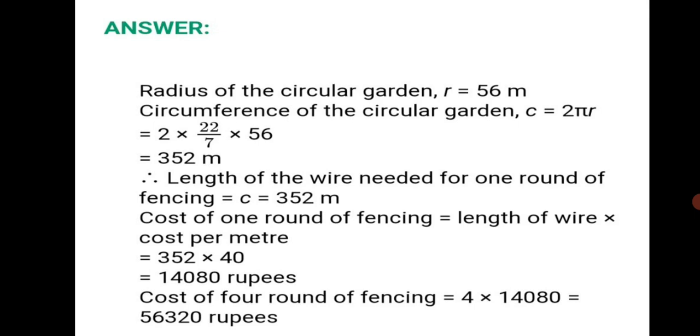And then we need to find out for 4 rounds of fence. So we multiply the cost by 4 and we come to know the final answer. That is, the cost to put a 4 round fence around the garden would be 4 into 14,080 is equal to 56,320 rupees.